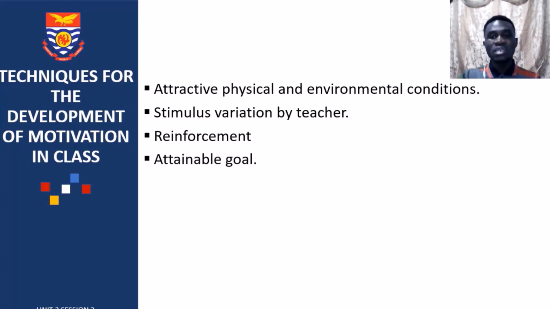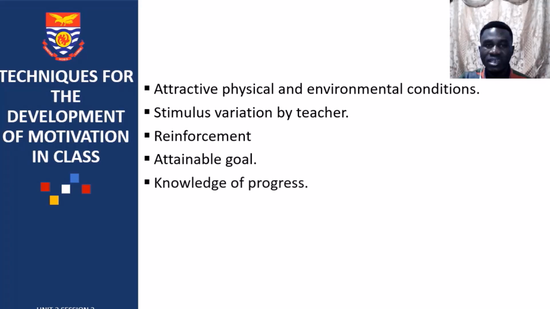So when you set some objectives and students are able to achieve these objectives, it also serves as a way of motivating them to learn in the classroom. And when students also have knowledge of their progress, when they have knowledge about how well they are faring in the subject, it also motivates them to learn the subject.